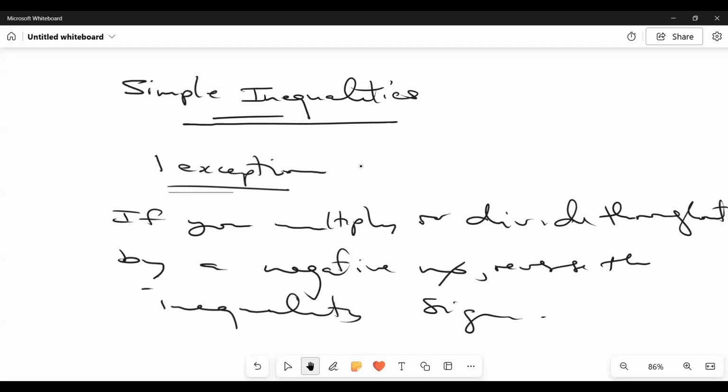That's a little bit an additional something you must remember. And I'll illustrate just now. You get this rule? So you solve simple inequalities exactly the same way.